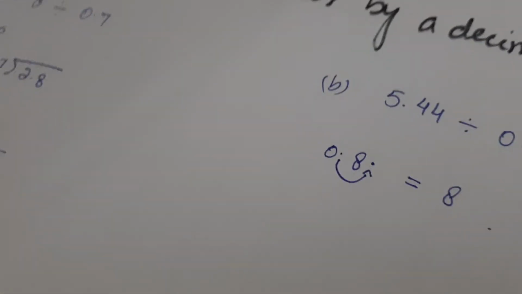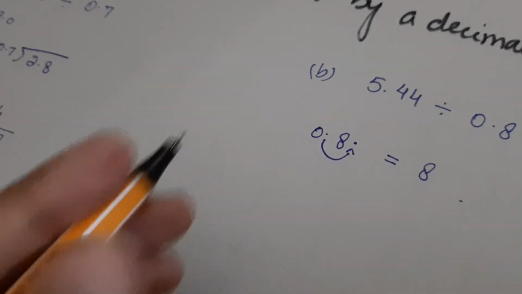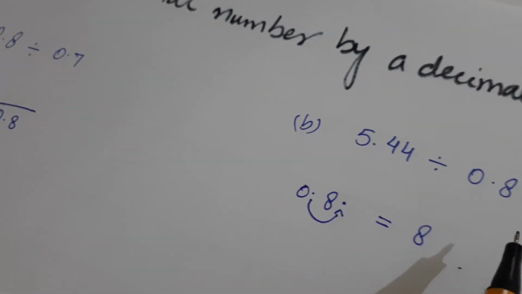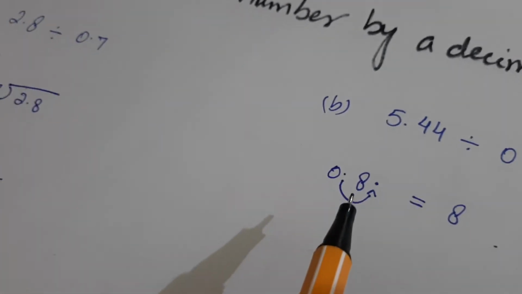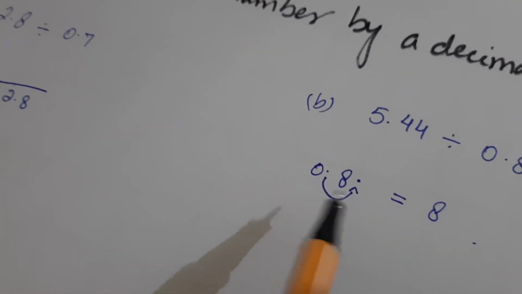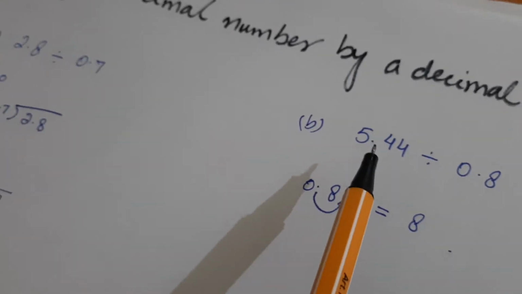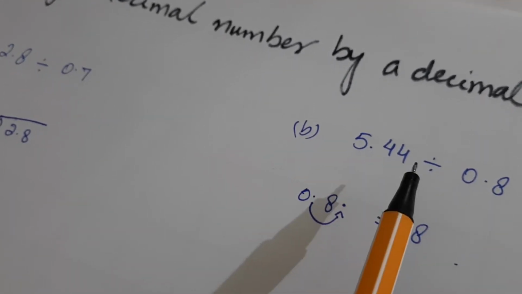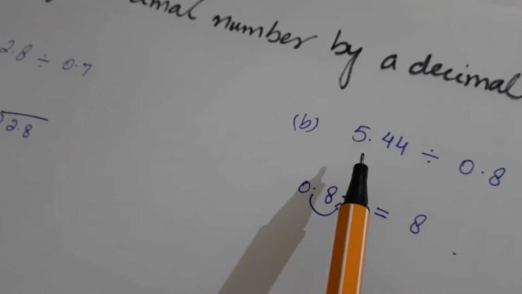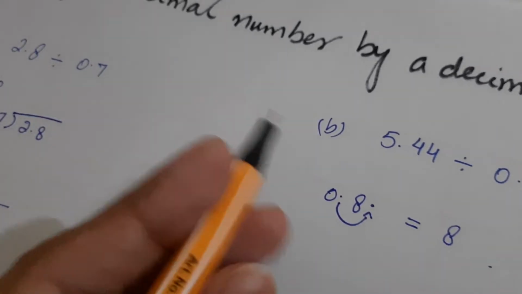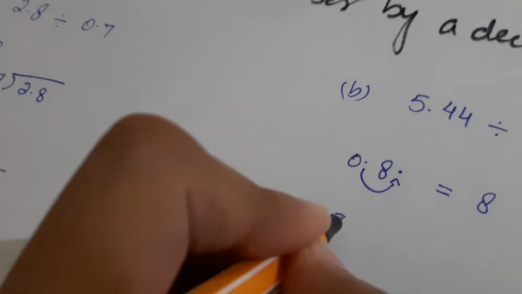Okay, now, since I have moved the decimal point in this divisor to make it a whole number, I will have to move the decimal point in the dividend as well. So whatever we have done to the divisor, we are going to do to the dividend as well. Now let us see how we will do that.